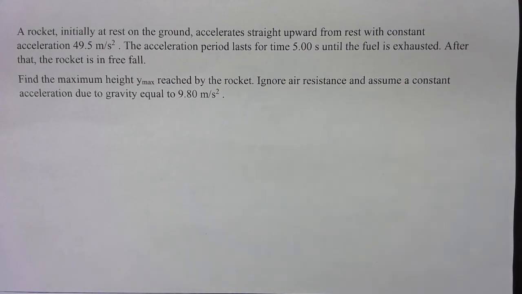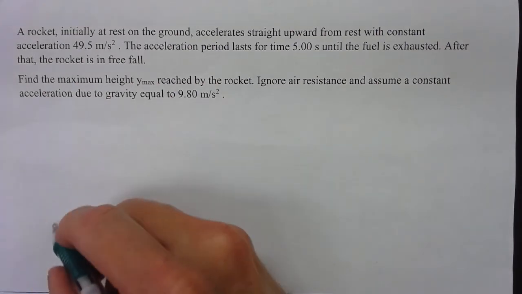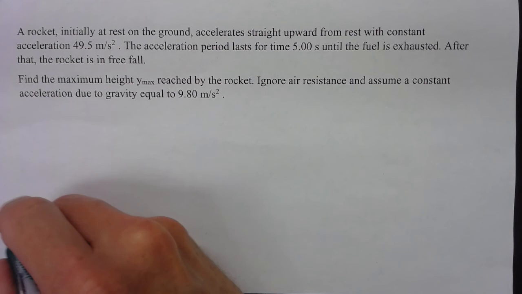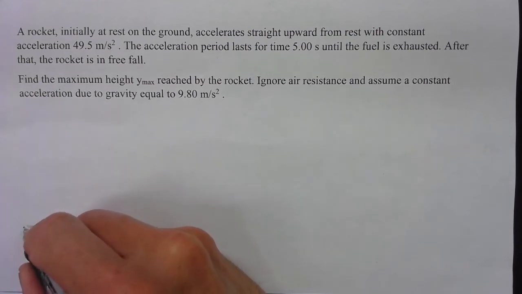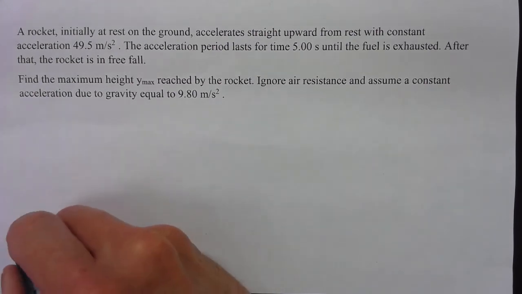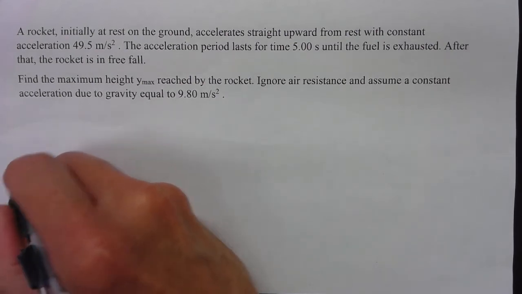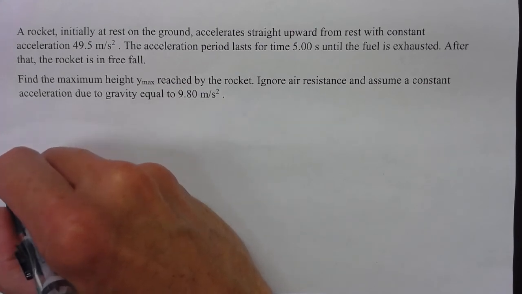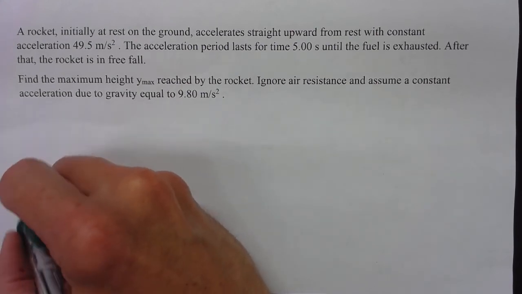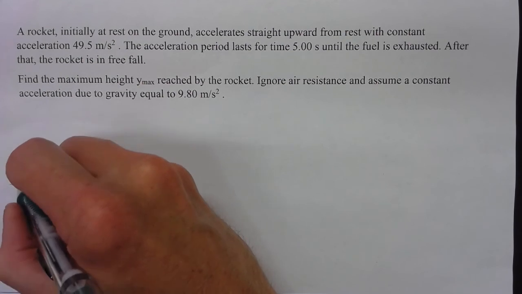So I'm going to draw a motion diagram and a couple graphs here first. The motion diagram I'll do over here. So it starts on the ground at rest. It's going to accelerate and increase upward, and then let's say at that instant it starts to decelerate due to gravity.